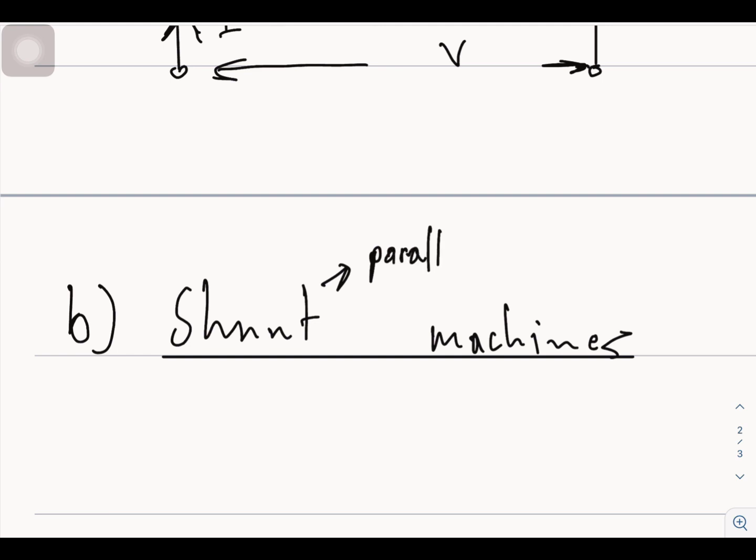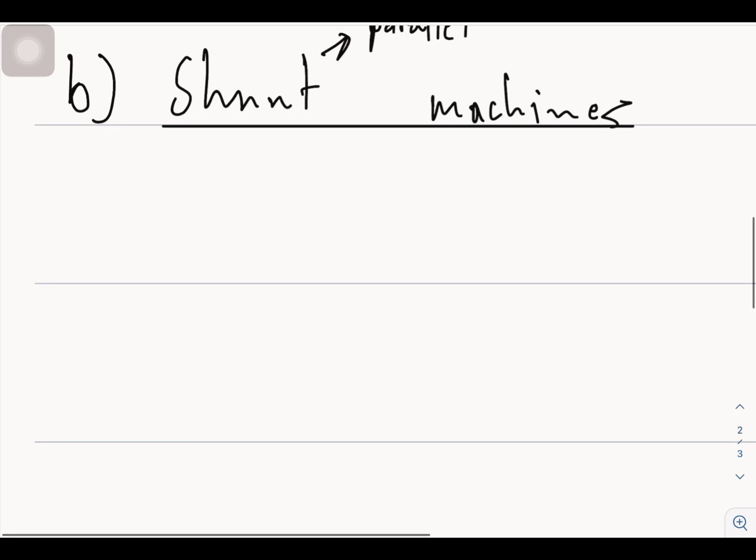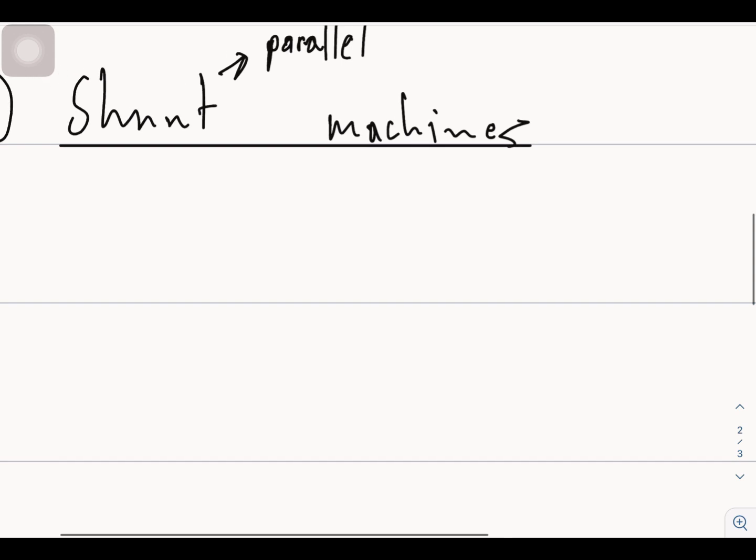So it becomes obvious that when we name a DC machine, you look at the type of connection between the armature and the field winding. If the armature and the field winding are in parallel, we call it a shunt machine.